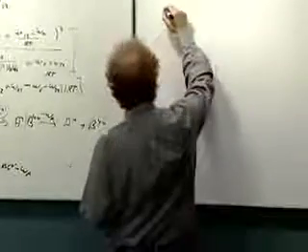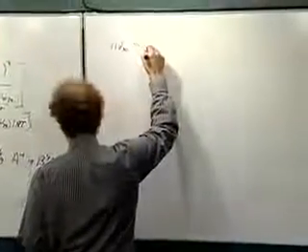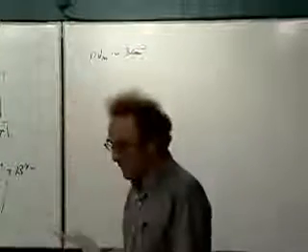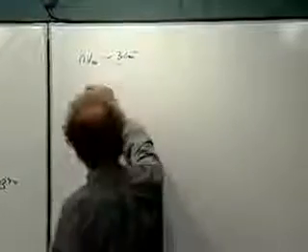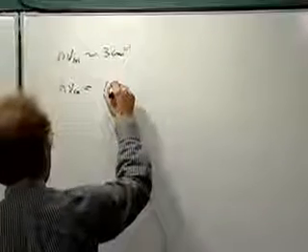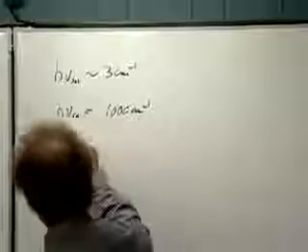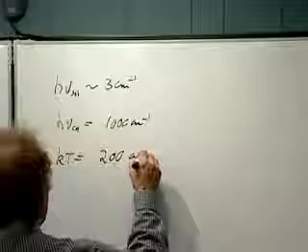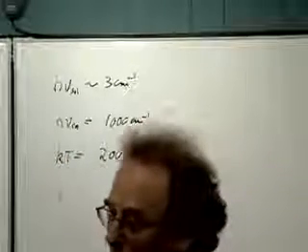For the vibrations of the solvent, we say they're of the order of 3 centimeters minus 1, within probably a factor of 20 or 30. And the inner sphere vibrations are, say, 1,000 centimeters minus 1. And kT is 200 centimeters minus 1. So kT is in between them.